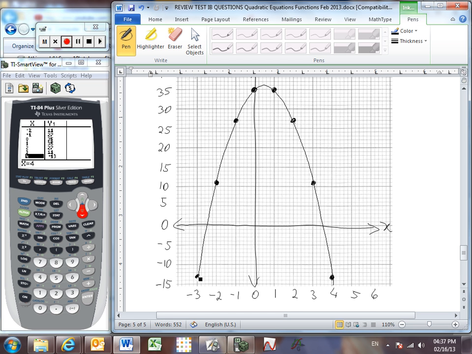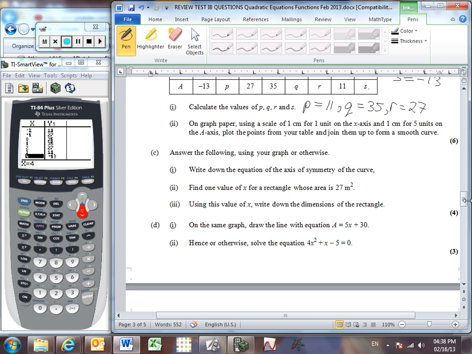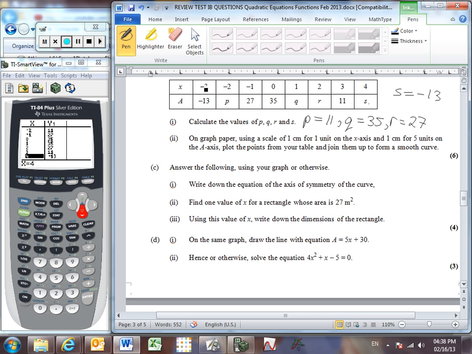I'm only graphing it from -3 up to +4, no more. So it's not even bothering to put arrows to show that it extends further, because it said only from -3 to +4 in the question, right? Yeah, we only went from -3 to +4 as our given x values.